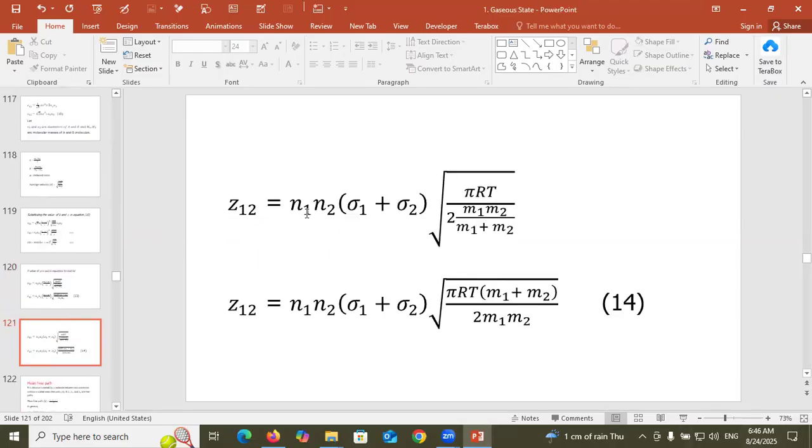We can write Z12 equals n1 n2 (sigma 1 plus sigma 2) squared.